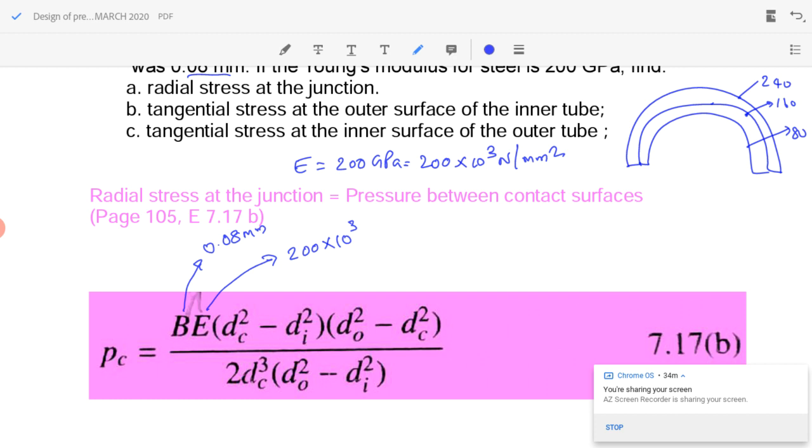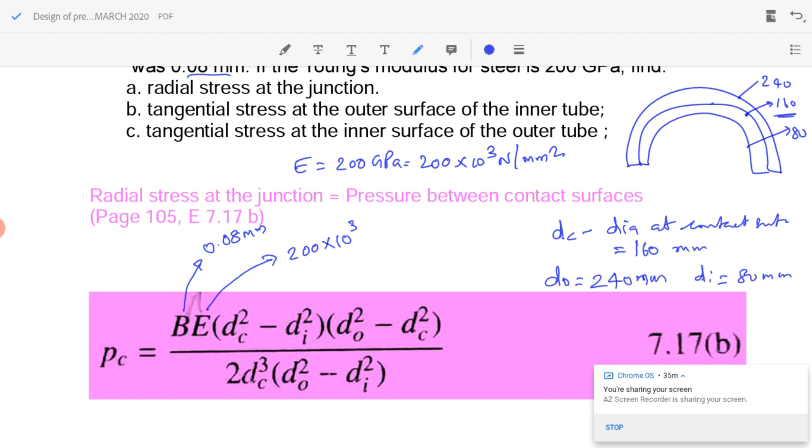DC is the diameter at the contact, or the diameter at the junction, the contact surface. In this question, its diameter is given as 160 mm. The outer dia after shrinkage is 240 mm, and the inner dia DI was given as 80 mm.